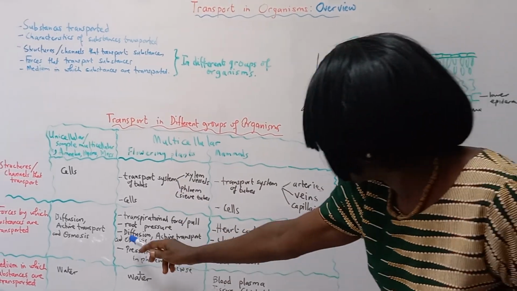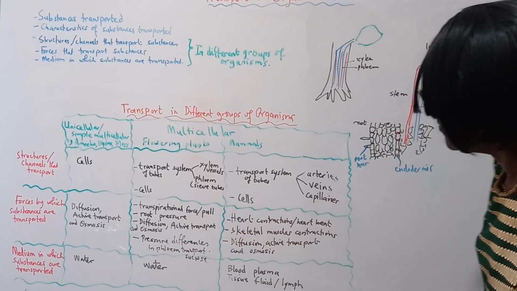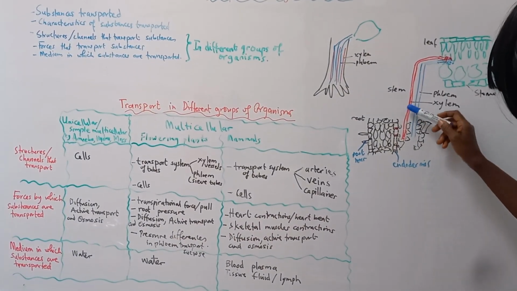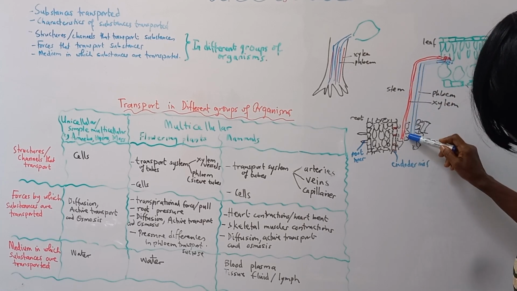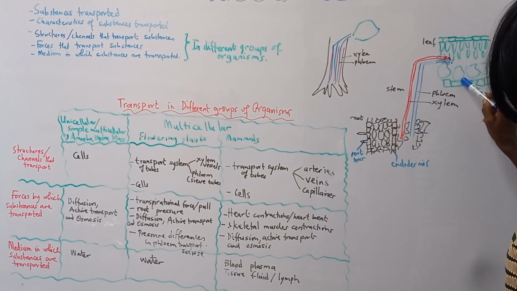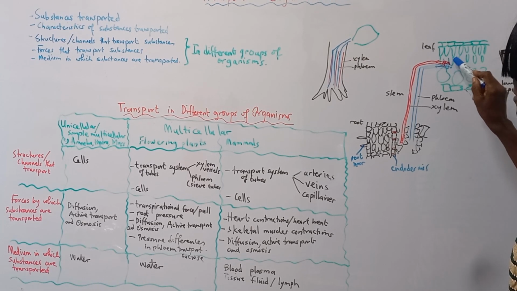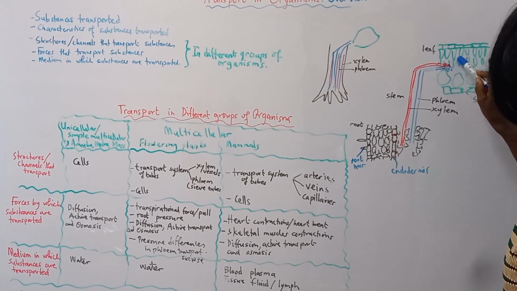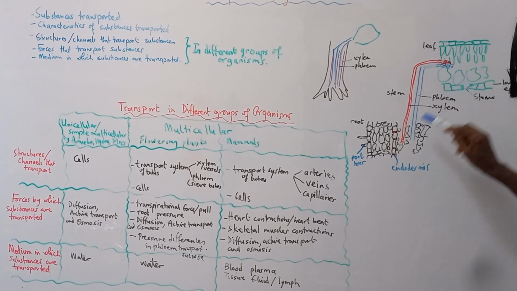Then we have diffusion, active transport, and osmosis also doing the transport, because when substances are transported fast in the xylem and the phloem, they get into cells, and substances are transported from cell to cell by diffusion, active transport, or osmosis, or all three forces.